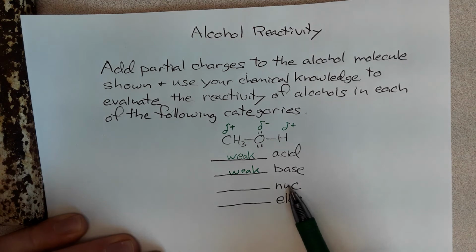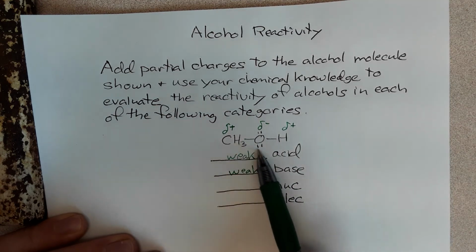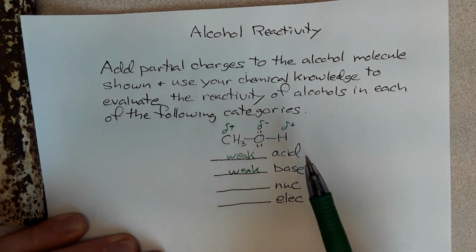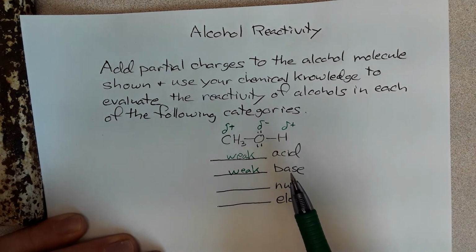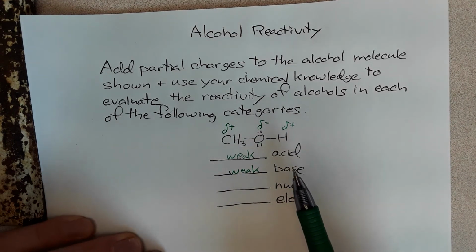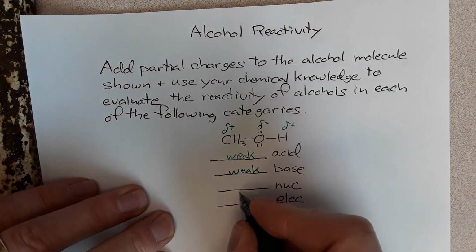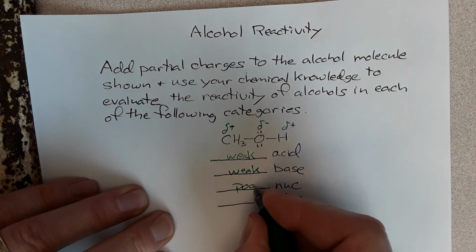If we want a good nucleophile, we want it to have a negative charge on it. And again, there is no negative charge on there. There's a lone pair there that could act as a nucleophile, but again, it has no negative charge on it, so this is going to be a poor nucleophile.